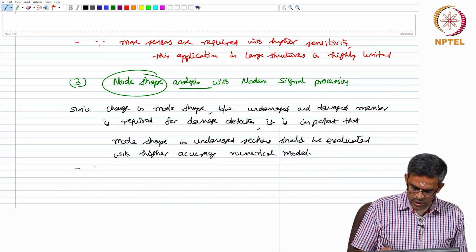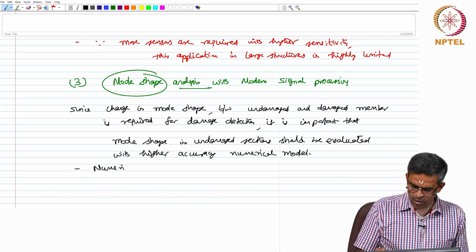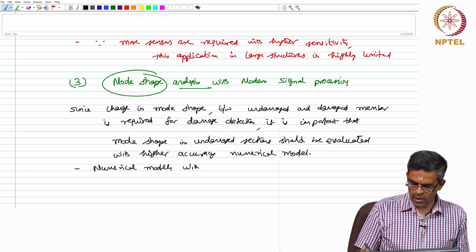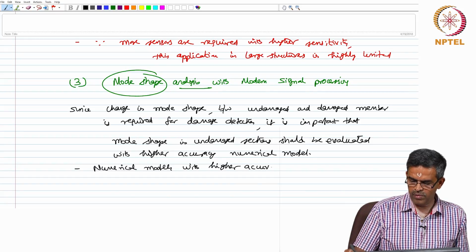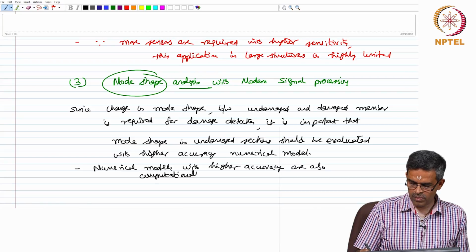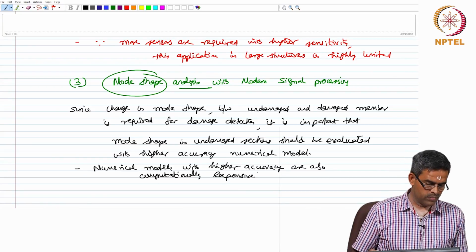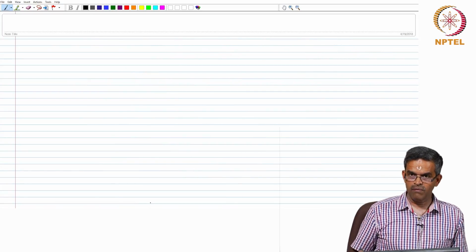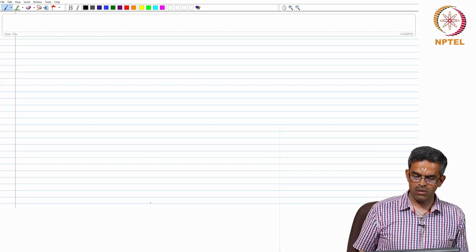We all do agree that numerical models with higher accuracy are also computationally expensive. Therefore, is there any possibility that we can avoid the numerical model?